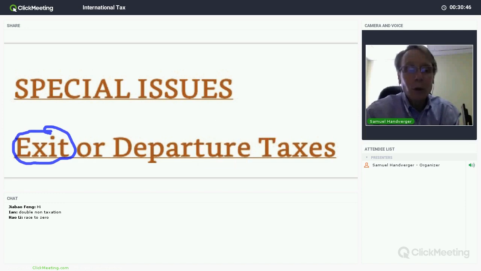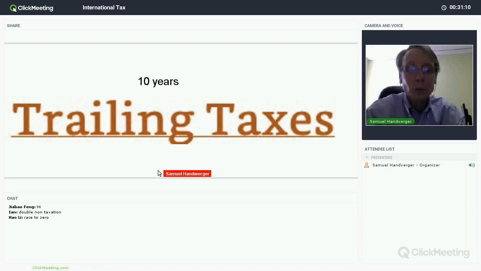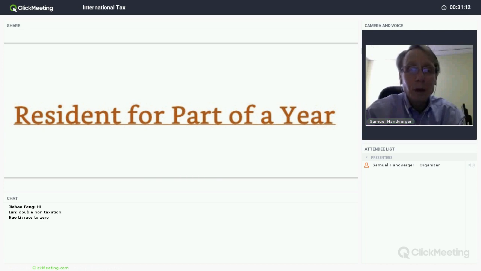But in addition to that exit tax, we also have what's called a trailing tax, and that is for the next 10 years, you have to continue to pay tax to the United States on certain income, just for the purposes of saying this is what it costs for you to leave. And other countries have similar rules. And then there are rules for residents for part of the year. These are the concepts that we'll be talking about over the next couple of weeks, or classes anyway.